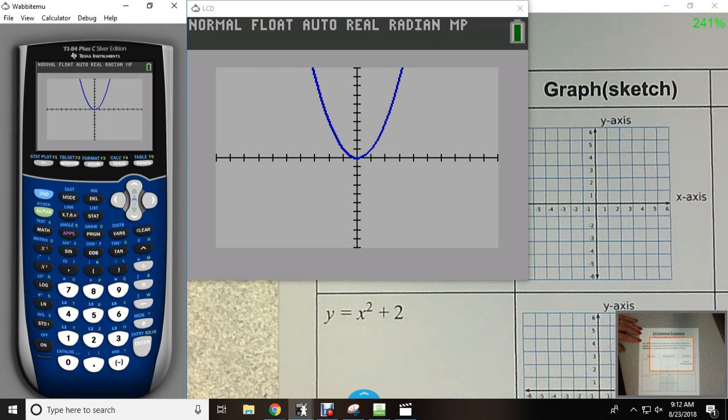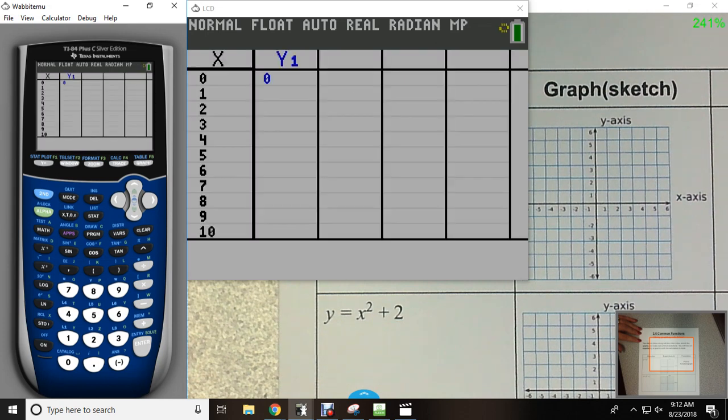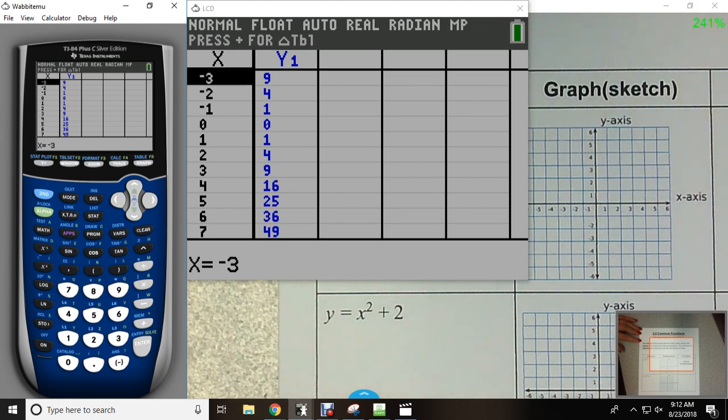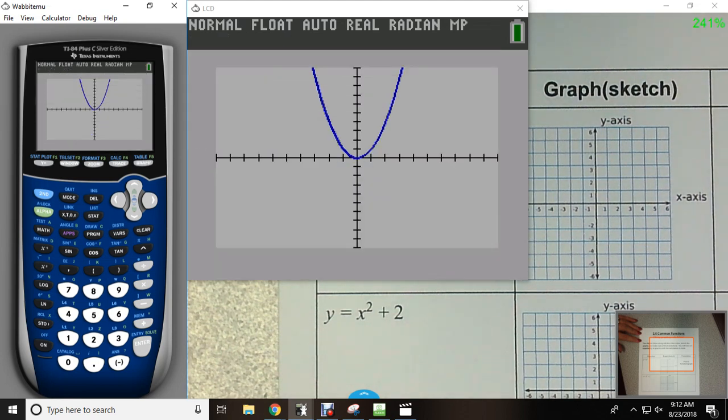If you want to plot specific points, remember you can look at the table by pressing second and graph, because table is written in blue above it. And here are specific points you can plot. You'll need some negatives and some positives. But instead of being super specific here, we're just going to sketch it in.